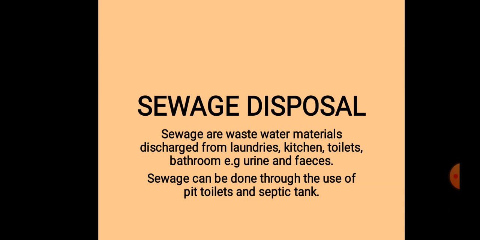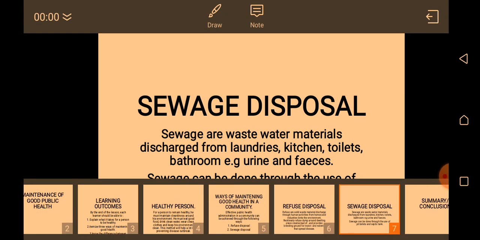In the septic tank, a large hole is dug in the environment, where all the sewage coming from the toilet and the bathroom goes directly, and it is well covered so that you won't perceive any form of odor from it. And when it is filled up enough and becomes inconvenient for the neighborhood, there is another way you can manage it properly. So that is sewage disposal.